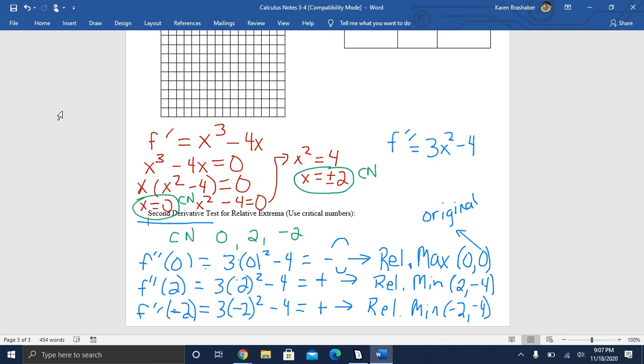And remember, whenever you're finding these ordered pairs, you sub into the original problem in order to find the y value. So this is how the second derivative test works. Again, this test is only useful if you have an easy second derivative to do. And if you don't, then you can always fall back on doing a chart with your intervals established by those critical numbers, the sign of f prime, and the characteristic of f.